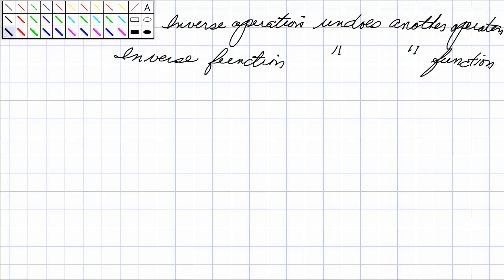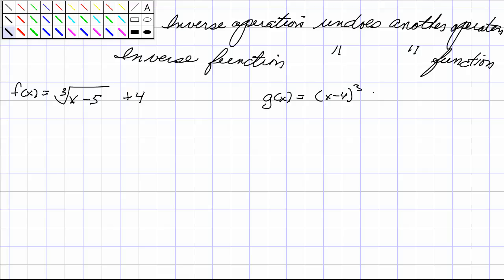So suppose we have two functions. One of them is f of x is equal to the third root of x minus 5, plus 4. And the other function is g of x, which is equal to (x minus 4) to the third power, plus 5.